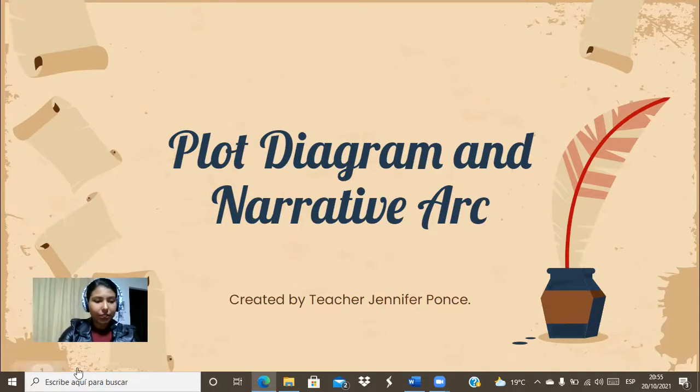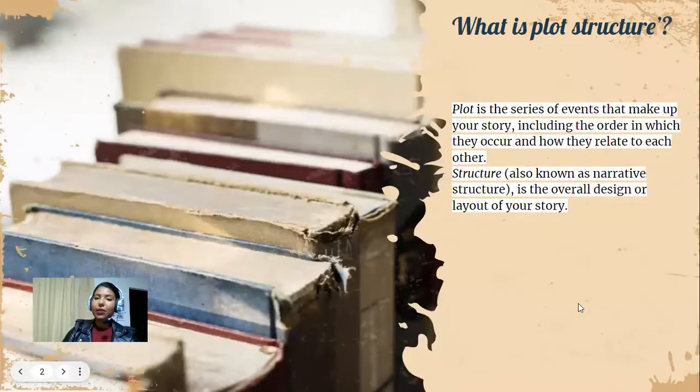Okay, so let's continue. After that, we have what is a plot structure? Plot is a series of events that make up your story. You have to include the order in which they occur and how they relate to each other. What does it mean? It means that each event has that connection, that link with the next events, okay?